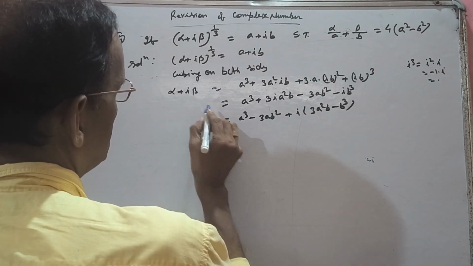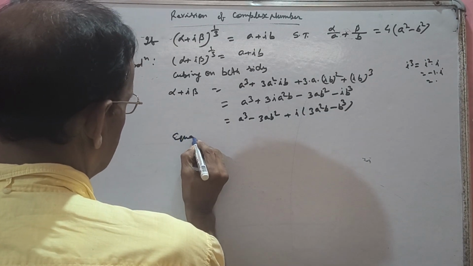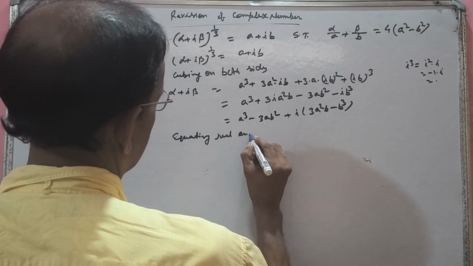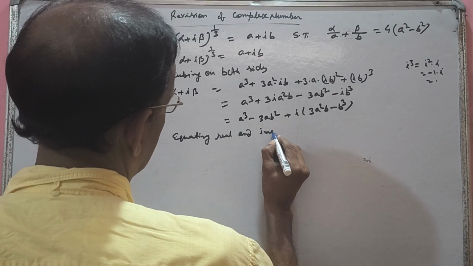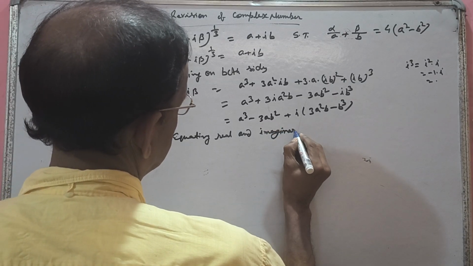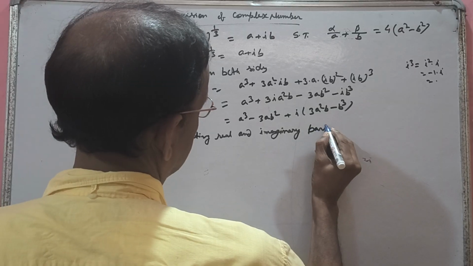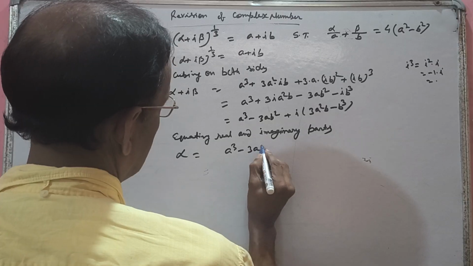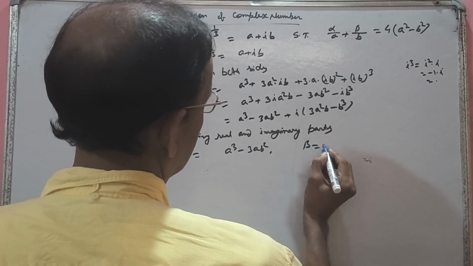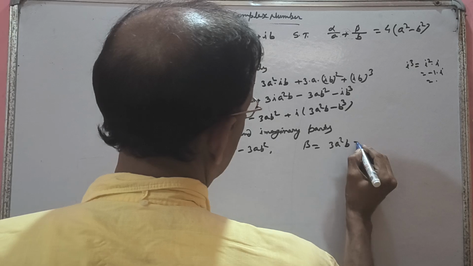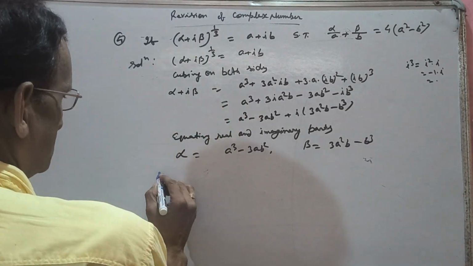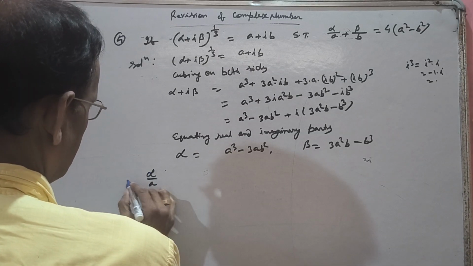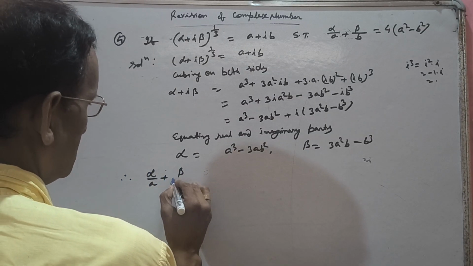So equating real and imaginary parts, what will we get? Alpha equal to a cube minus 3ab square and beta equal to 3a square b minus b cube. Then what are we going to find? Alpha by a plus beta by b.